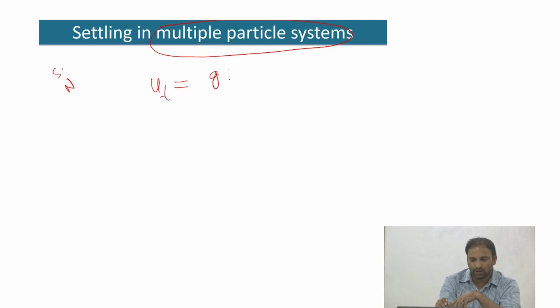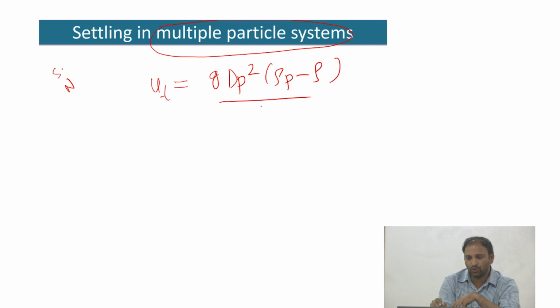So we just took g dp square into rho p minus rho divided by 18 mu. You take that and you modify it to suit the multi-particle system, right? In that connection we said you're going to make two modifications.